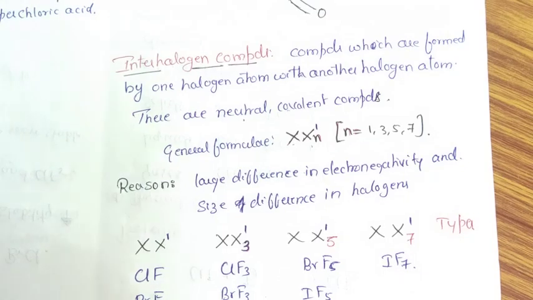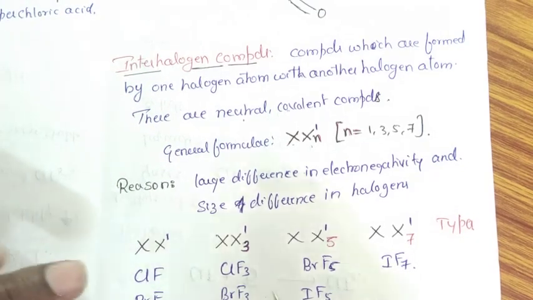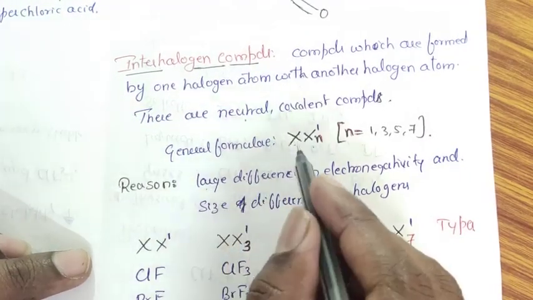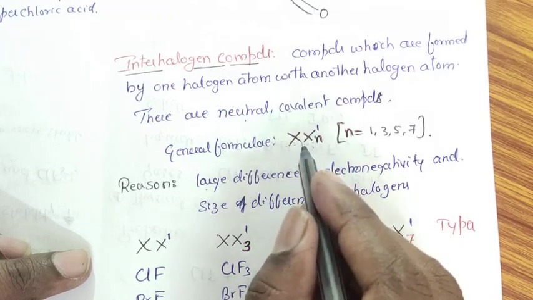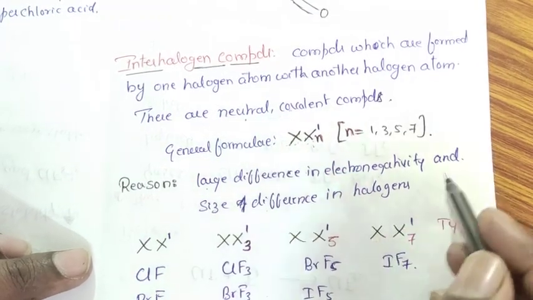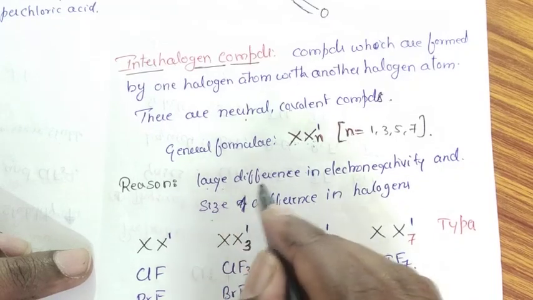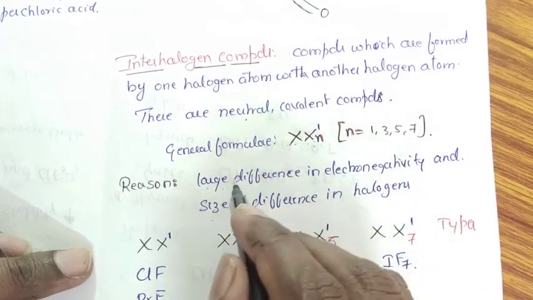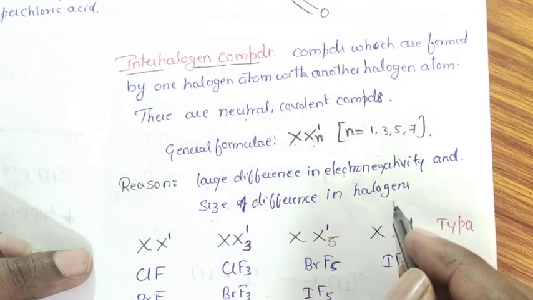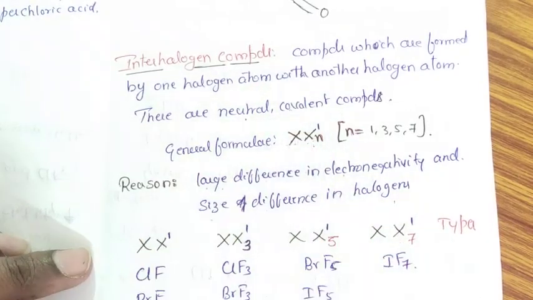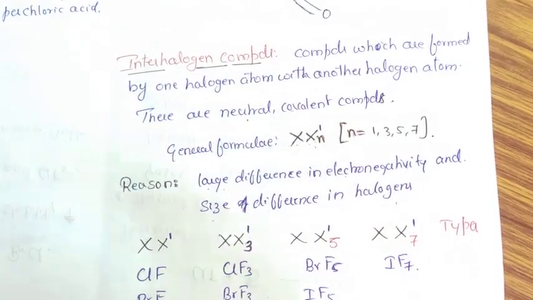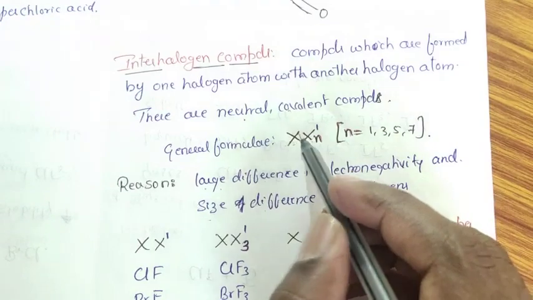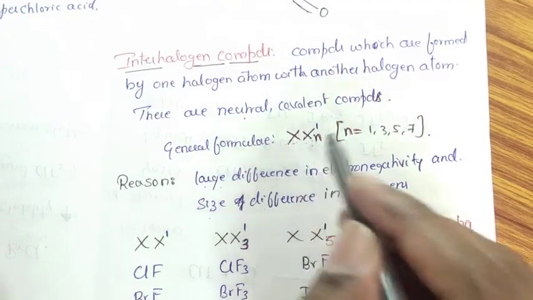Why are two different halogen atoms combined? The reason is their large difference in electronegative values and their large difference in size. Because of these differences, they combine with each other to form a new compound called an interhalogen compound, represented by the general formula X X dash.